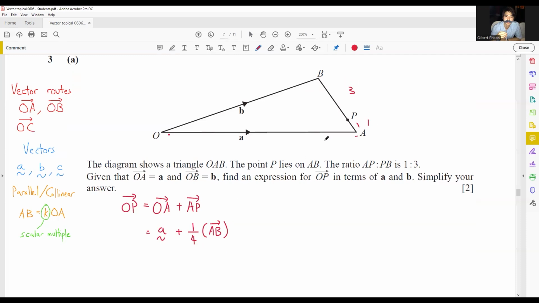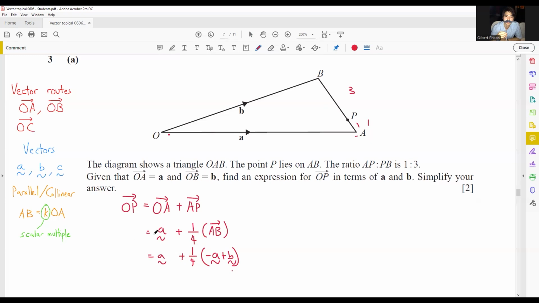Now, A to B, there is no pathing here, right? So we actually have to take the vector routes here to here again. So once again, A to B is actually negative a plus b, right? This is A to B. Now they're all in vector form, right? So this is 1 over 4 of negative a plus b, plus a.